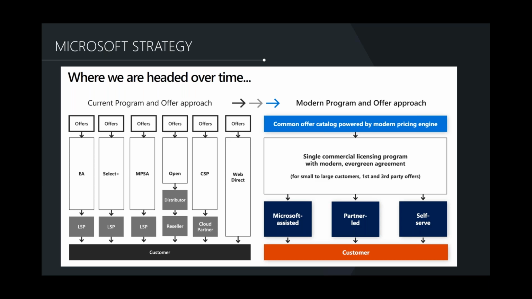So when you as a customer look at a price, whether it's on a website for Office, it's the same price that you would initially see under every other Microsoft program. And then you'll start seeing some programmatic discounts with CSP, with EA. But you're going to have this overarching single agreement, and then various Microsoft-led, partner-led, or even direct offerings to the customer. But that's where they're going over time.